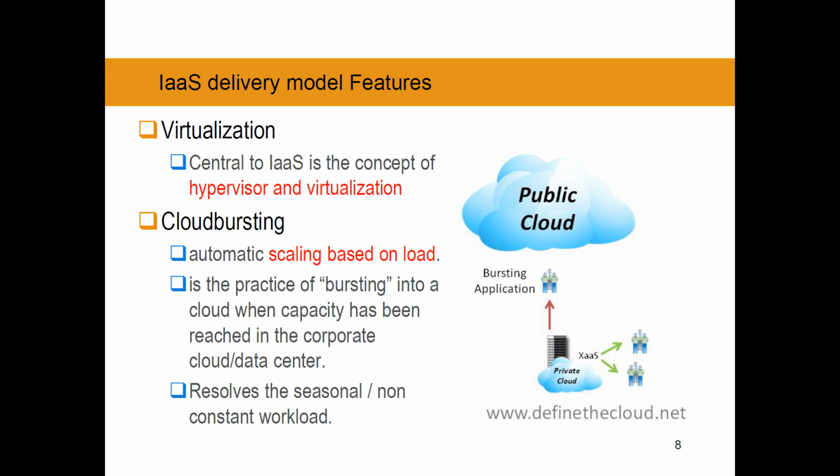Like, for example, at our own institution, normally your student information system doesn't require much. But during registration, the demand increases, for example to 100% or 200%. This is cloud bursting. Then you can move part of the workload to the cloud to accommodate the requirement, which is actually non-constant, only seasonal.